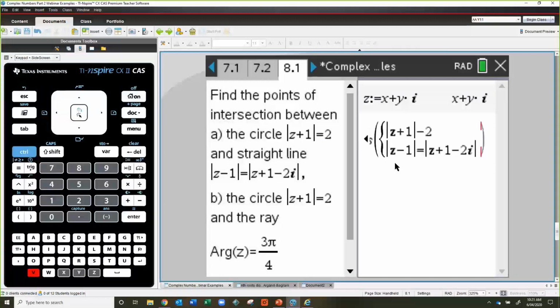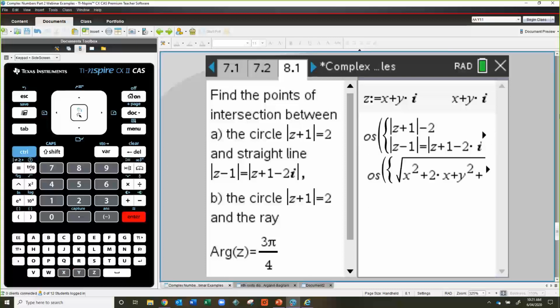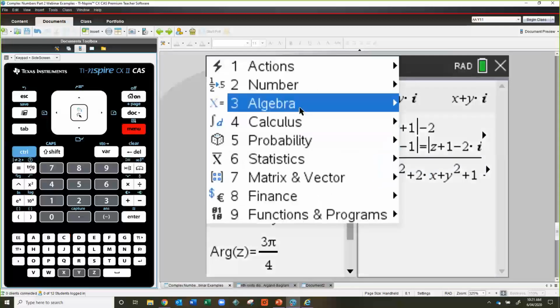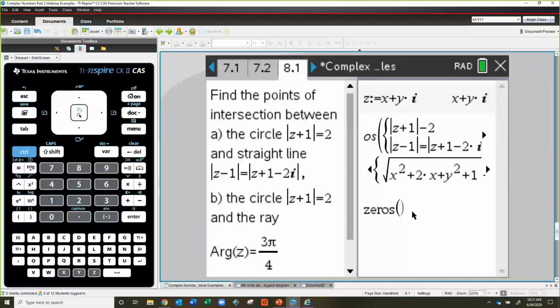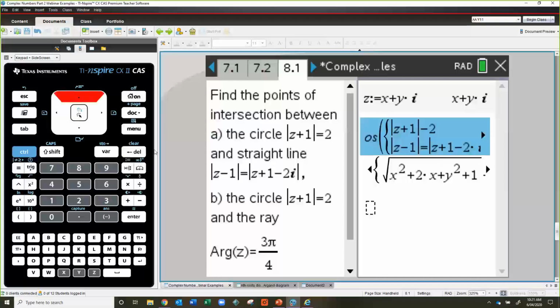Then I can enter my equation here, and comma x, comma y, and something didn't work. Okay, try again. Zeros, menu, I didn't copy everything. Algebra, zeros. So I have to start over, sorry. Okay. Delete.